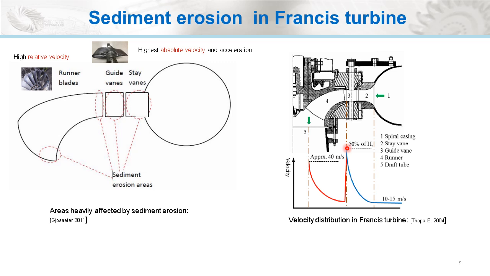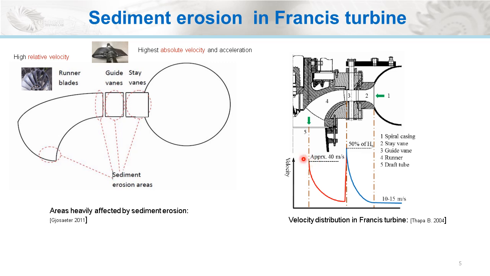At the outlet of guide vane, 50% of hydraulic energy is converted into the kinetic energy or velocity energy. When water enters from guide vane to the runner, it decelerates and again it starts to accelerate while it flows through the runner blade. And at the outlet of runner blade, the velocity will be around 40 meters per second.